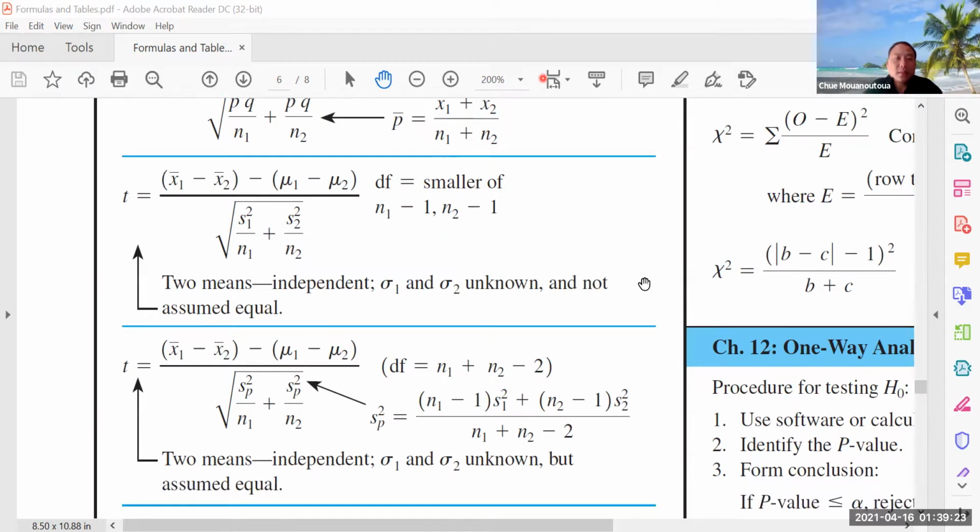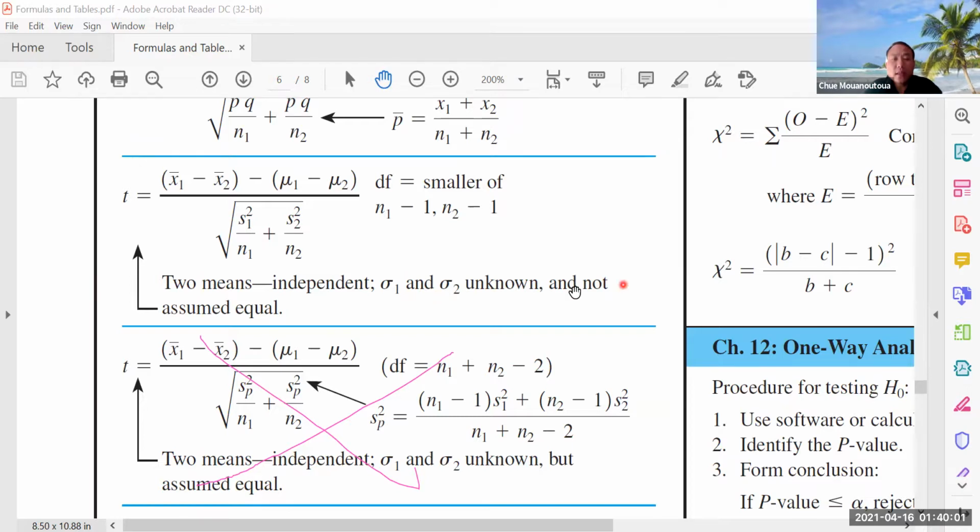Now we're gonna skip this part here because in real situations, we always do not know the standard deviation for the population. But we do not assume they are equal. So that's why we drop this one. We're gonna focus more on this one, where we don't assume anything.